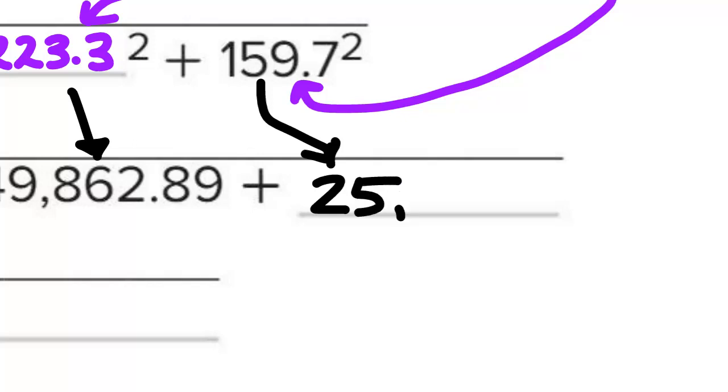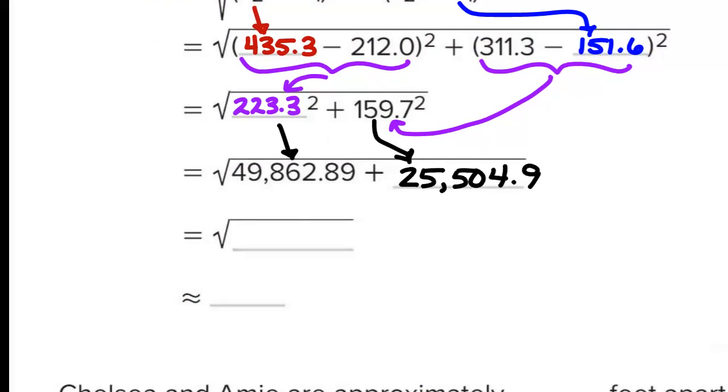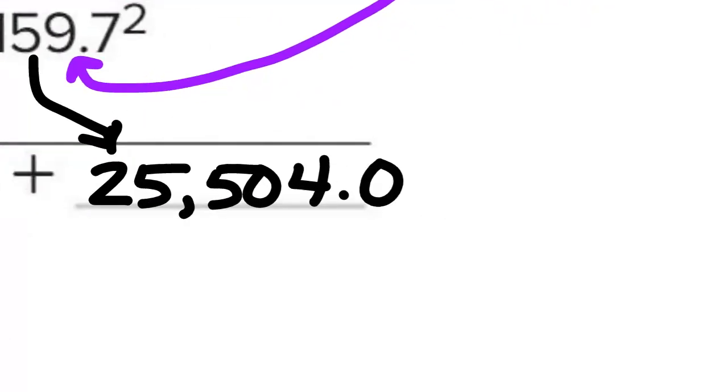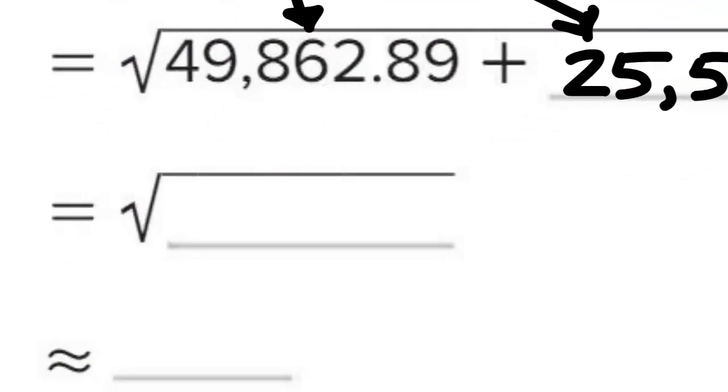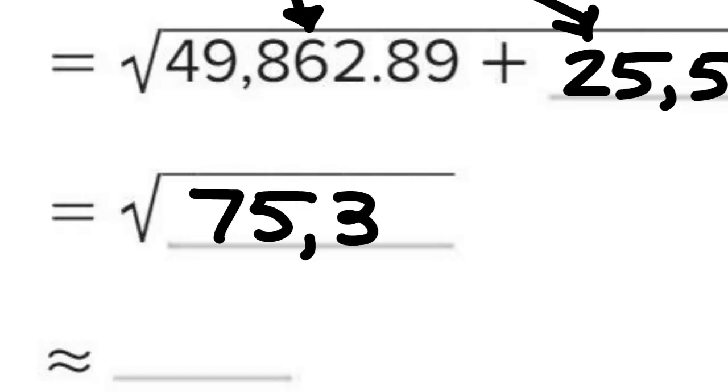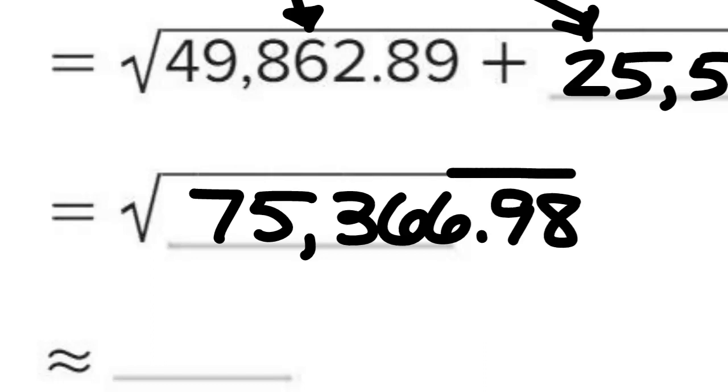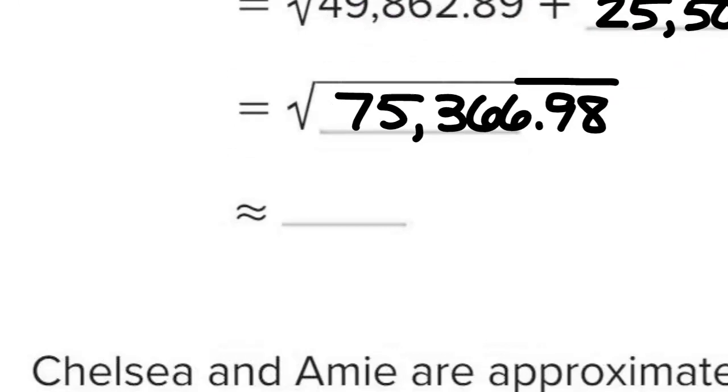Yes, 25,504.9. 0.09, sorry, thank you. 0.9. No, thank you for correcting me. And what did we get when we added those two together? You said 98? 75366.98.